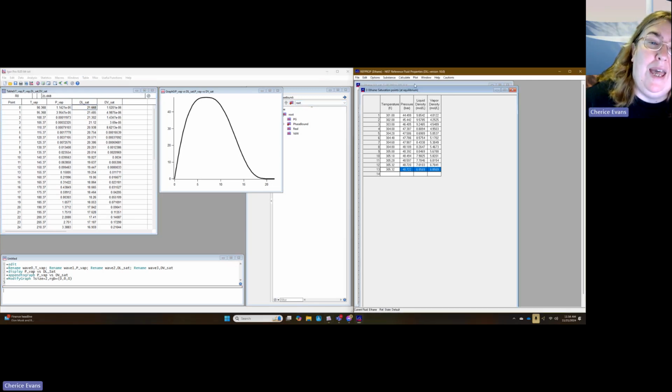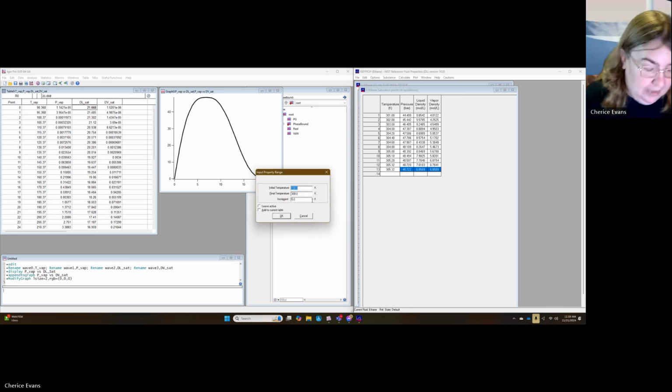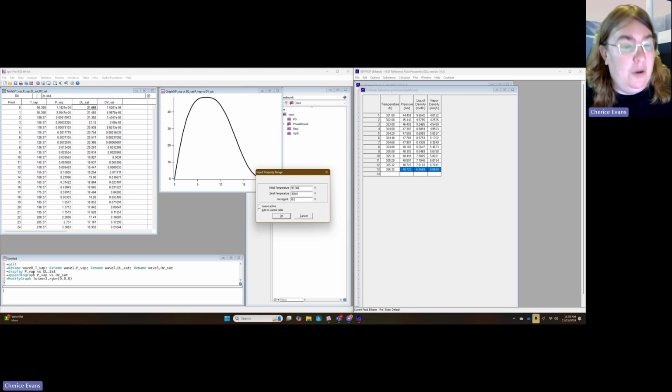So now I come back to calculate. Again I'm going to calculate saturation tables, but now I'm going to do the solid liquid line. And again, I'm going to start it at 90.368. Now the solid liquid line can go to whatever final temperature I want, because it keeps going up.